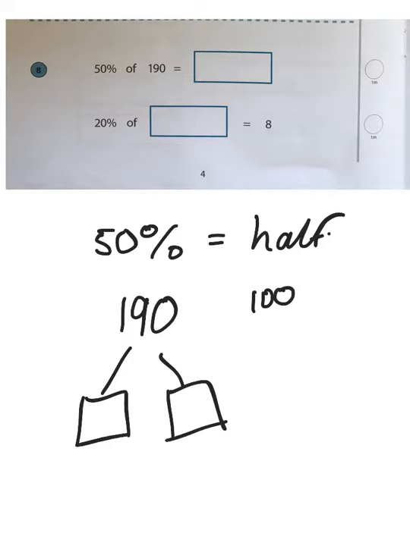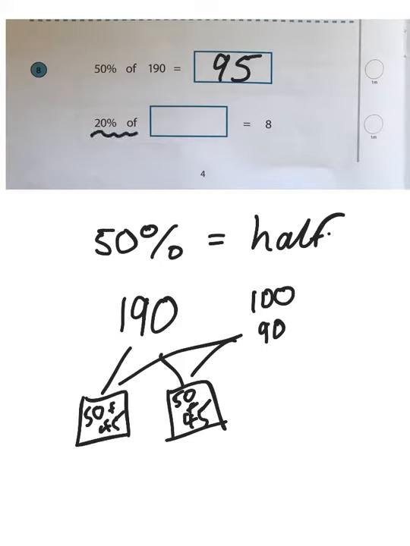How many are we going to have in each box? 50. And then we've got 90 left. Let's split the 90 up. How many are we going to put in each box? 45. And then we've got a 50 and a 45 in each box. What's the total in each box? 95, good.